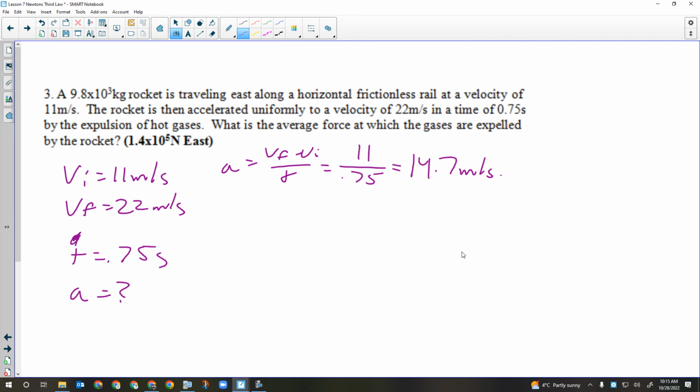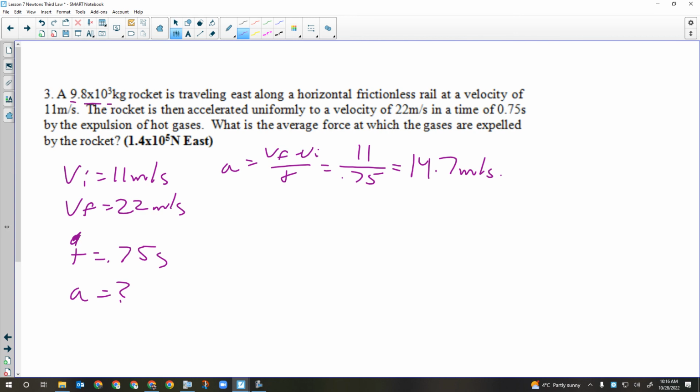So we are looking for the force at which the gases are expelled. Is the force of the gases being expelled what's causing the acceleration? The force that the gases are expelled at is equal to the force the gases exert on the rail car. As long as we understand that, we can calculate the force because it'll be the net force acting here. We can use the mass of the rocket and this acceleration.